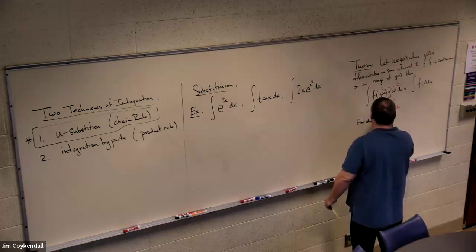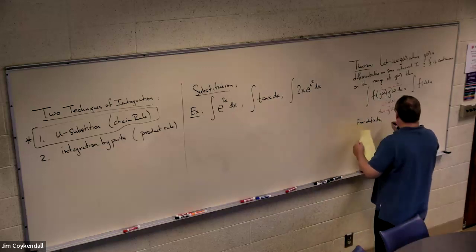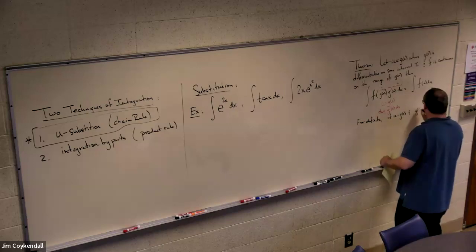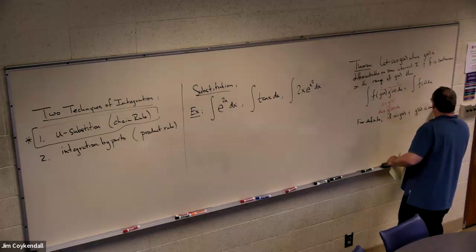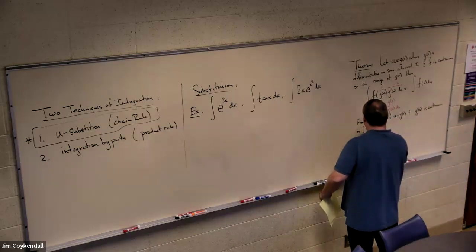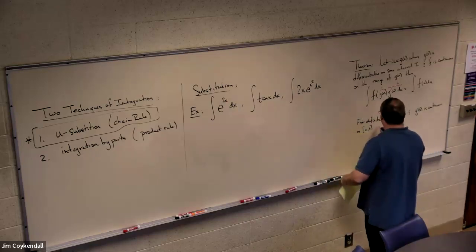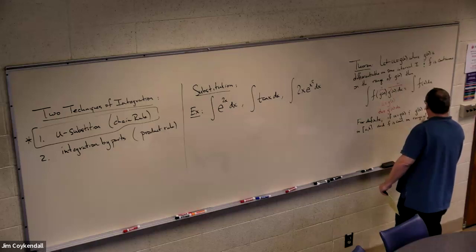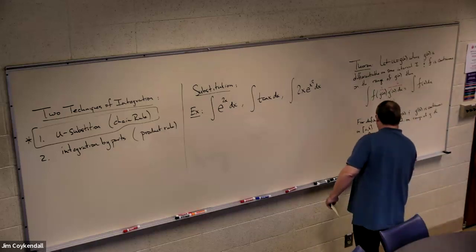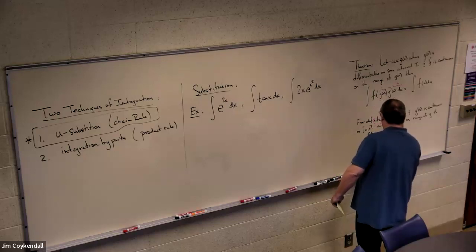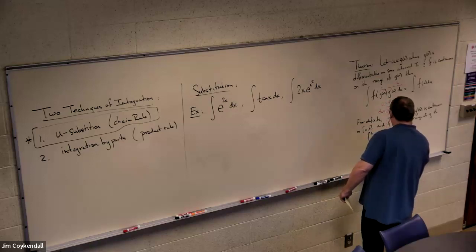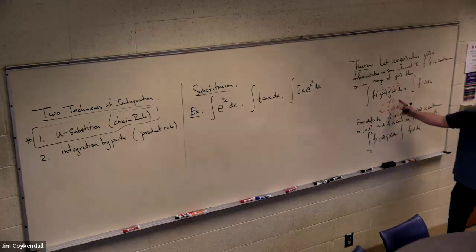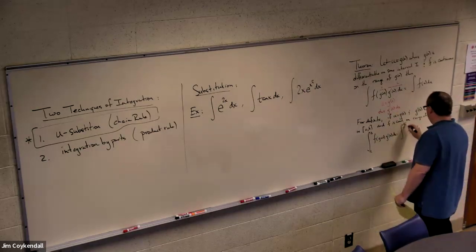Definite: if u is g of x and g prime of x is continuous on the specific interval a, b, and f is continuous on the range of g, then the integral from a to b of f of g of x, g prime of x dx is equal to, again, the integral of f of u du, but the substitution equation tells you what to do with the limits: g of a to g of b.